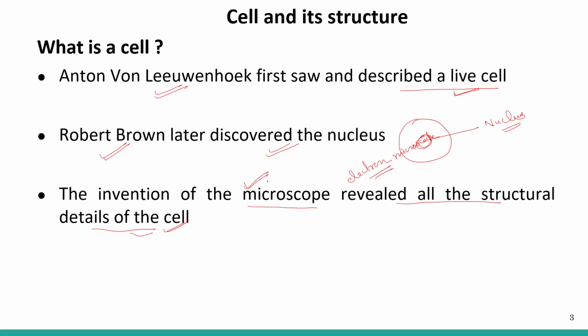With the higher grade of microscope, the electron microscope, the inside structure of the cell can be seen, right? All the organelles, and inside the organelles also the details of each and every organelle can be seen with the help of the electron microscope. So after the invention of such microscopes, it was very helpful to study the structural detail of the cell.